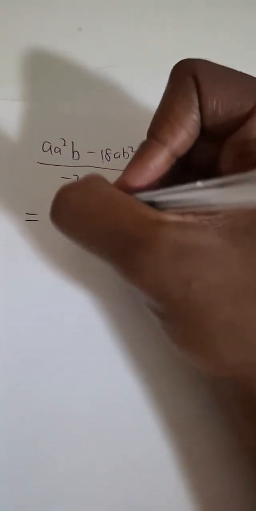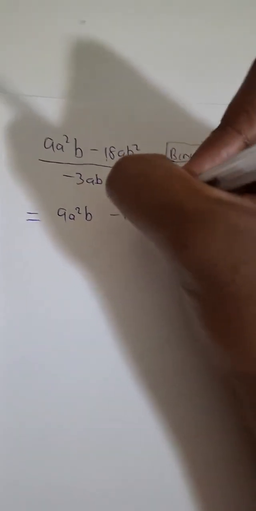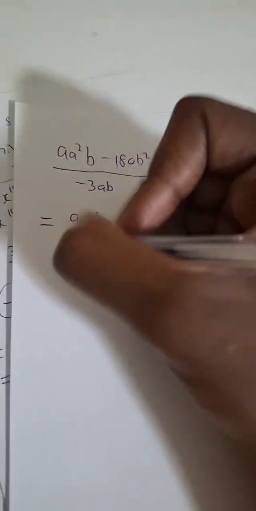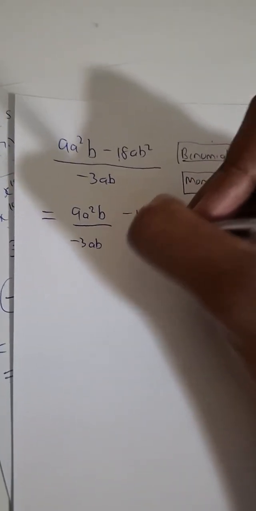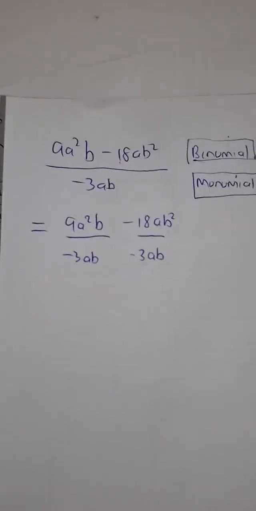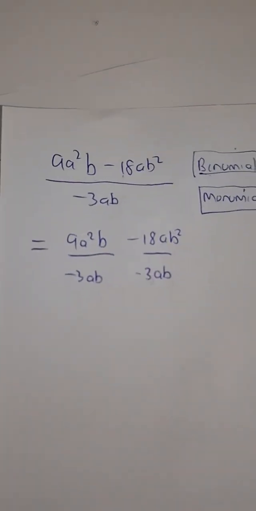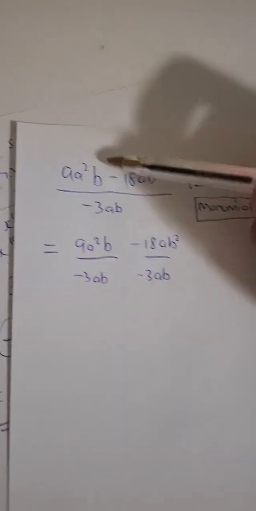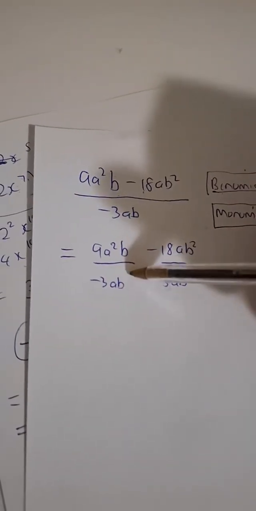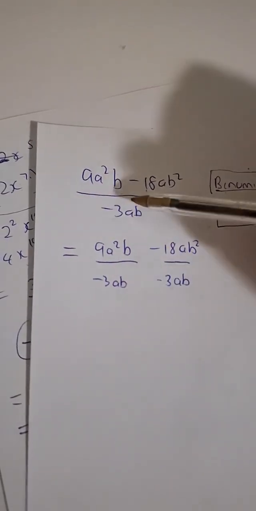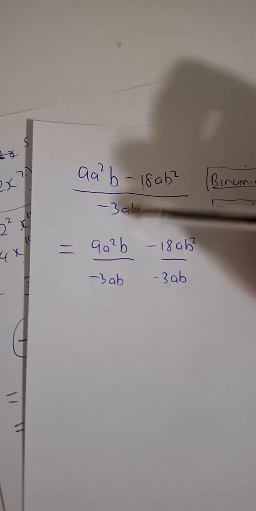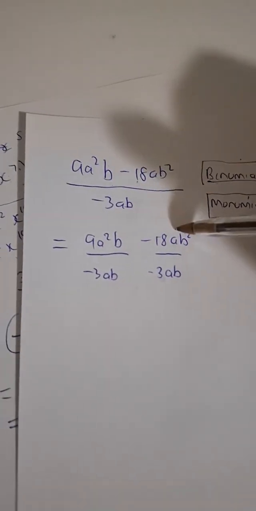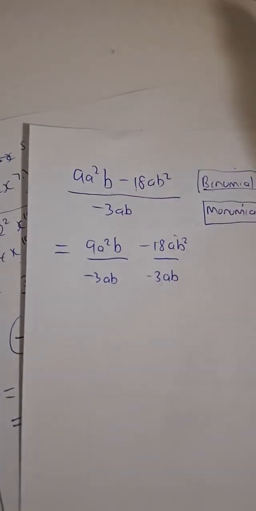specifically one term in the denominator, this is what we do. We split the fraction so that it then has the same denominator. Do you see what I did? 9a squared b over negative 3ab, because this is like my lowest common denominator, minus 18ab squared divided by negative 3ab.